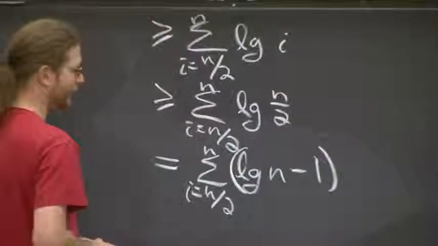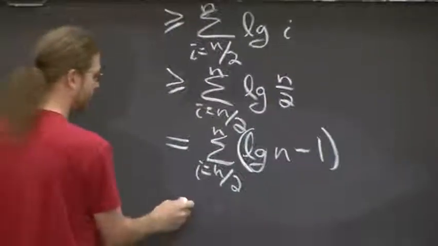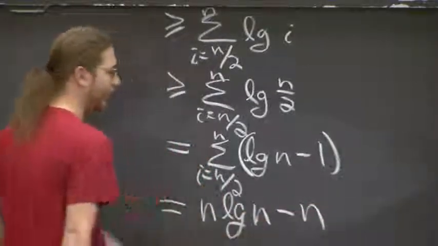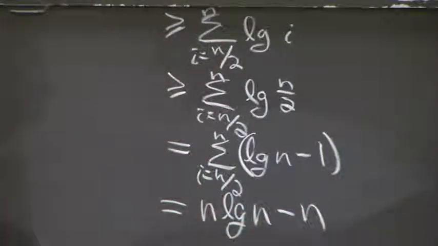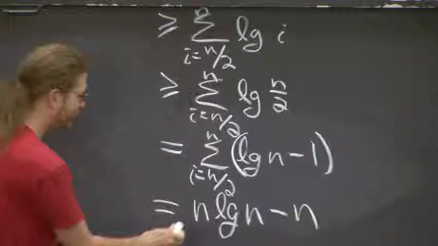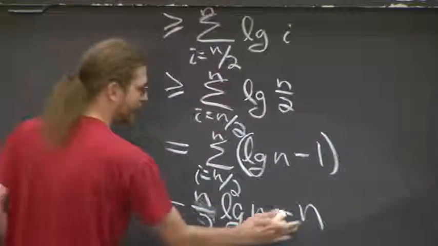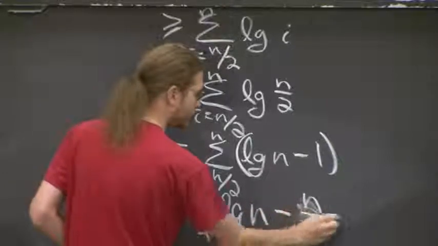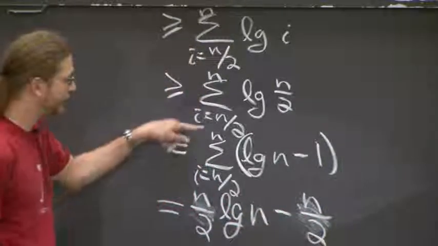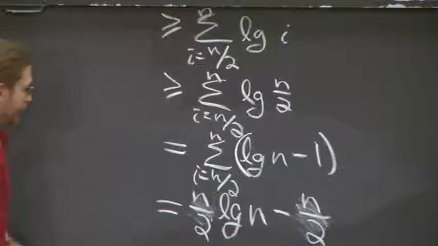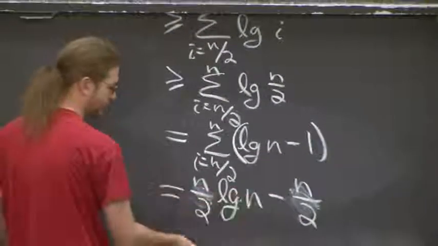So that's an equals. Sorry, there's only n over 2 terms here, ignoring floors and ceilings. So I get n log n divided by 2.